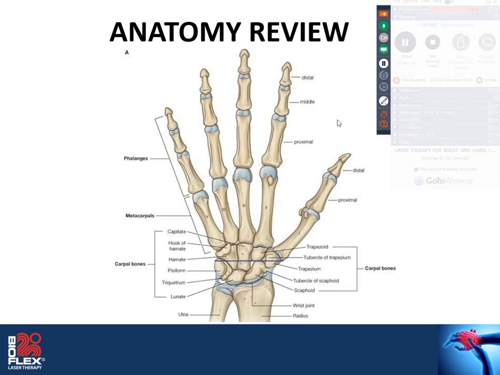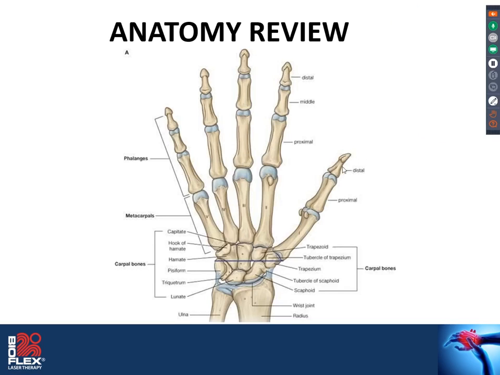Quickly looking at the articular and bony structures of the hand, we of course know there's 2 rows of carpal bones, and of course the metacarpals and phalanges articulating proximally at the wrist with the radius and the ulna.